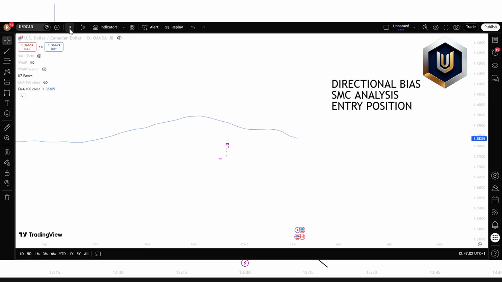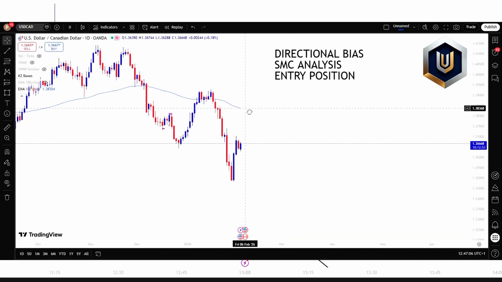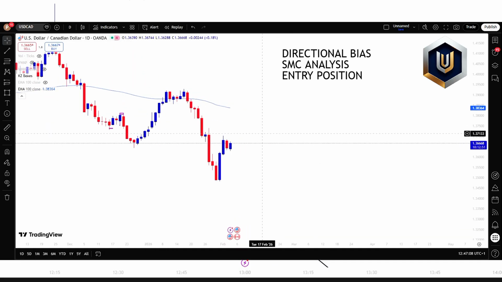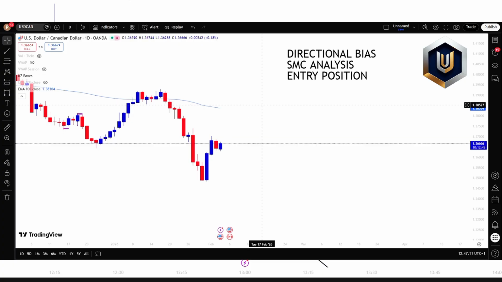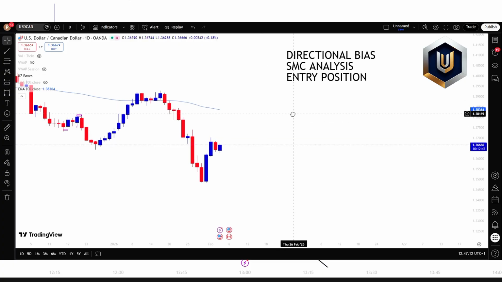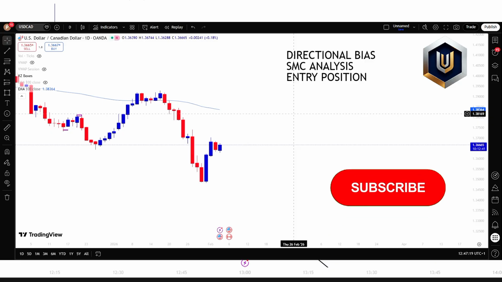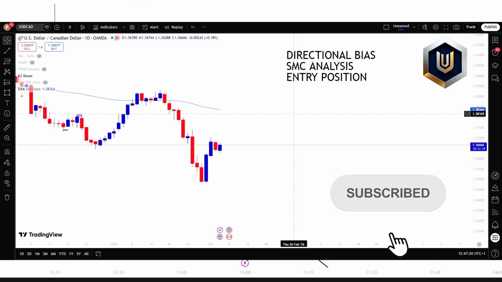Part of the way in which you tend to know the directional bias for the day, because more often than not the daily candle is still being formed, so you don't really know what it's going to look like, is that you have to look at the previous three days before that particular day in which you're performing your analysis.